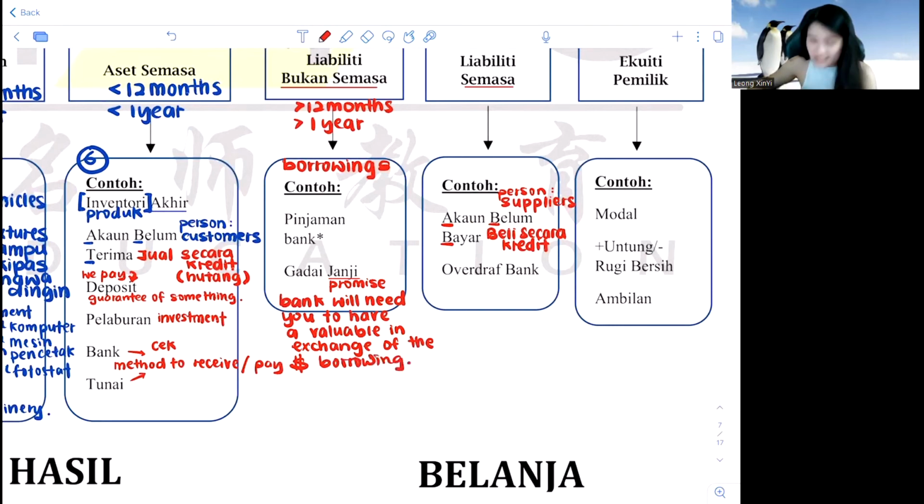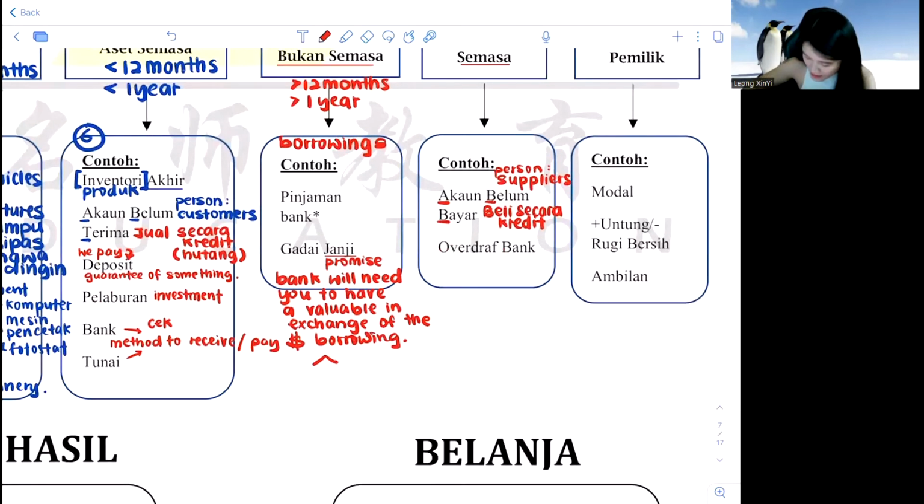Okay. So example, okay, I have a house. This is what I call a property that is worth 500,000. Okay, and now I want to go to the bank and borrow.